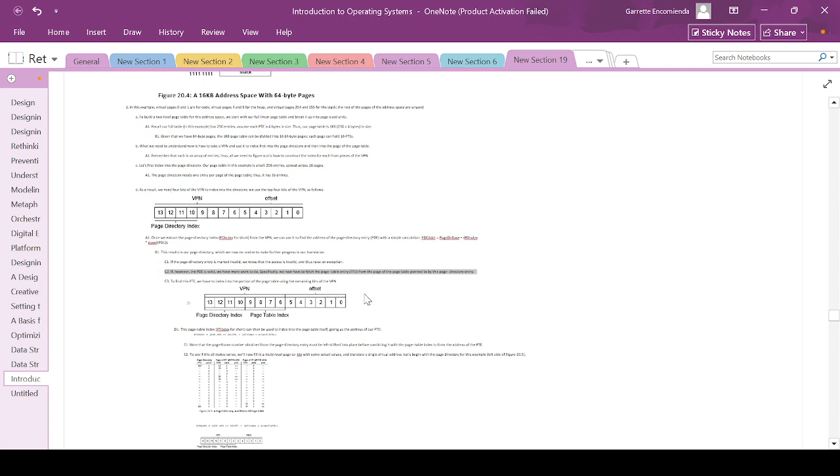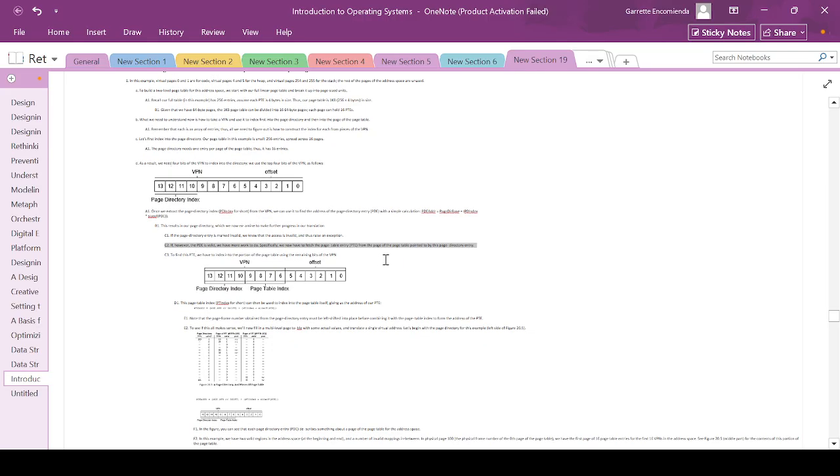Again, we now have to fetch the page table entry from the page of the page table pointed to by this page directory entry. To find this PTE, the first page in that page table, we have to index into the portion of the page table using the remaining bits of the VPN.